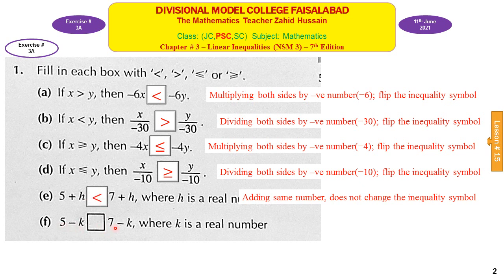Similarly 5 and 7, 5 is less than 7, and if you subtract the same number, that is k, from both sides of the inequality, the sign of inequality remains the same, because subtracting the same number does not change the inequality sign. So this is your question number 1.